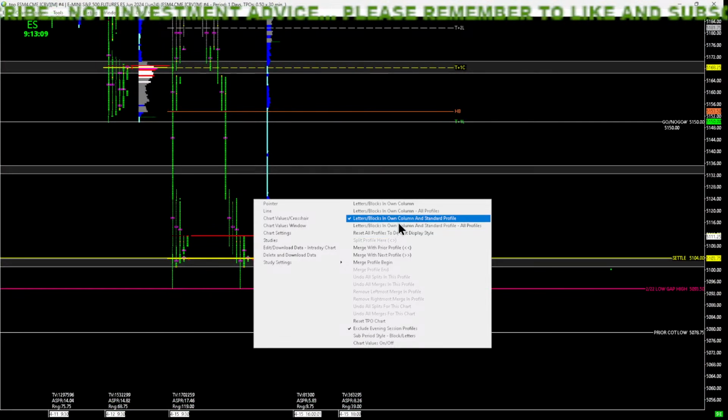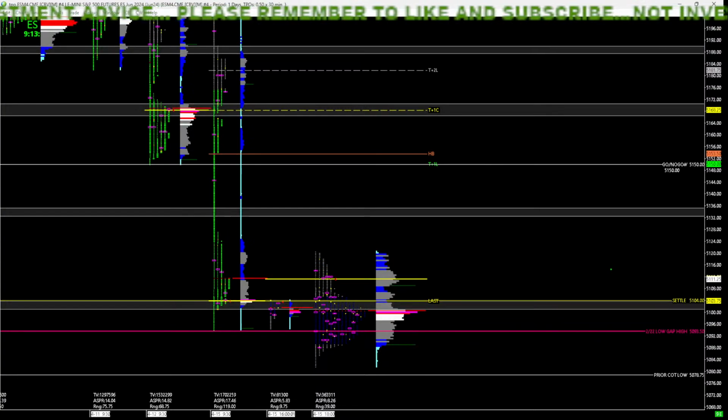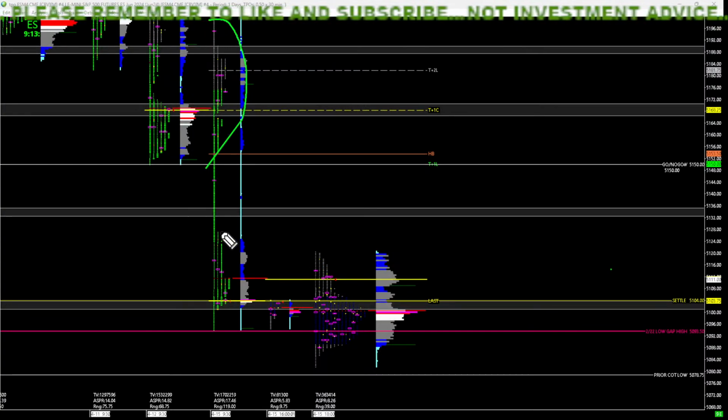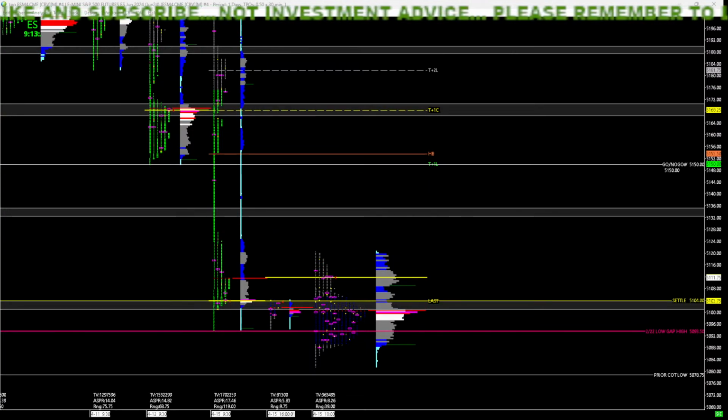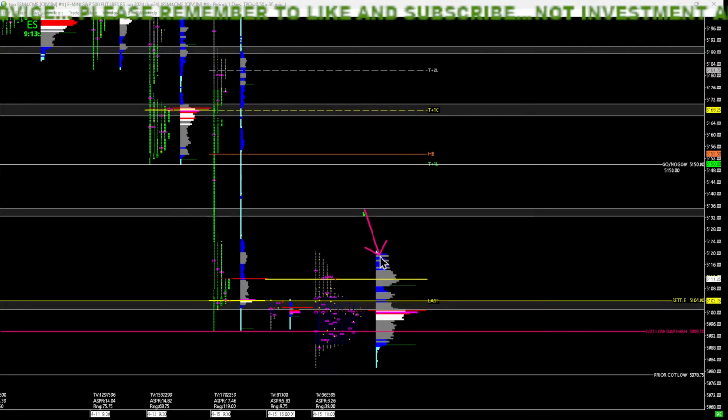And then as far as today goes, we basically had a double distribution yesterday, right? With these single prints in the middle, very thin spot. So the plan is fairly easy today. What I'd like to see is some selling out of here should the market get up there.